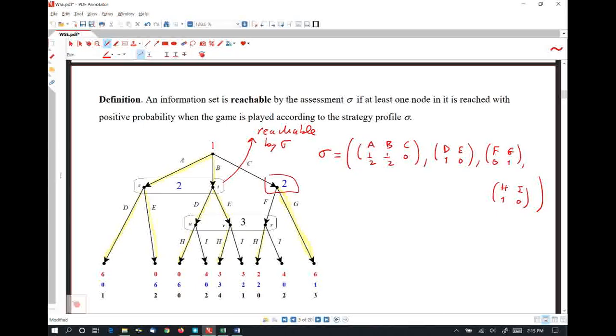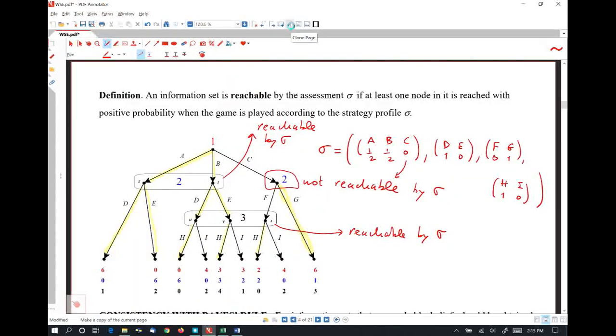This is not reachable by sigma, because in order to reach that node of player 2, you need player 1 to play C with positive probability, but in this strategy profile, player 1 is playing C with 0 probability. And on the other hand, player 3's information set is reachable by sigma.